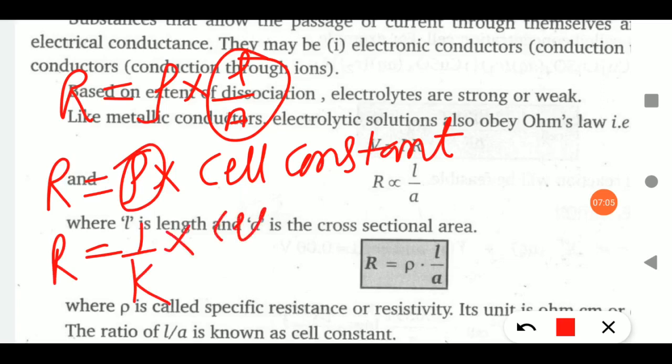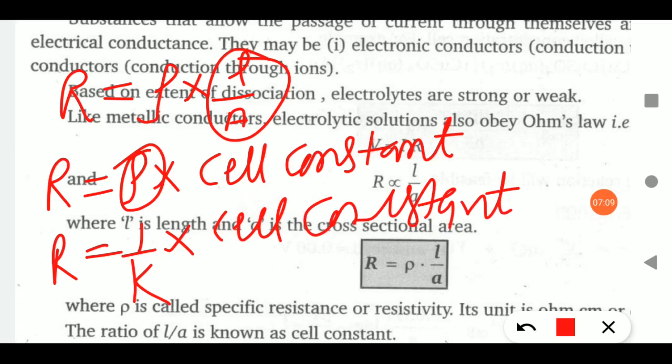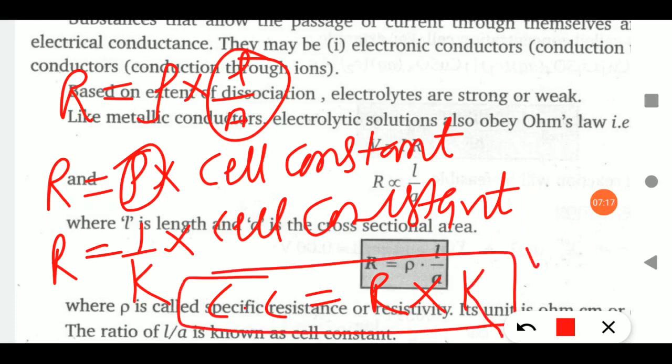I just told you resistivity is the reciprocal of conductivity. So cell constant is equal to resistance into conductivity. Very very important formula, students, very very important.